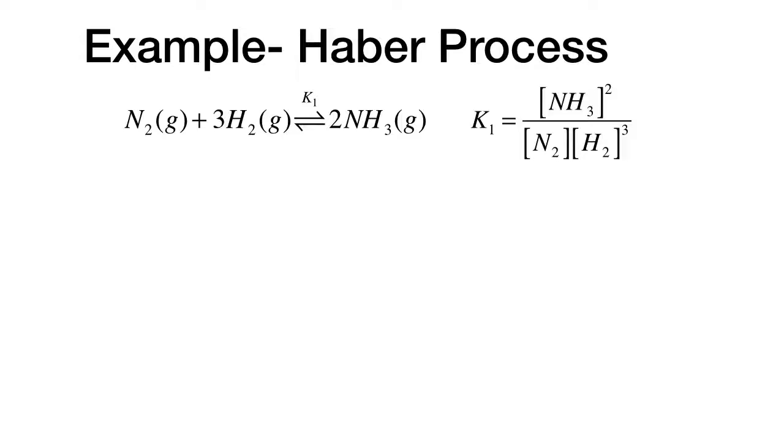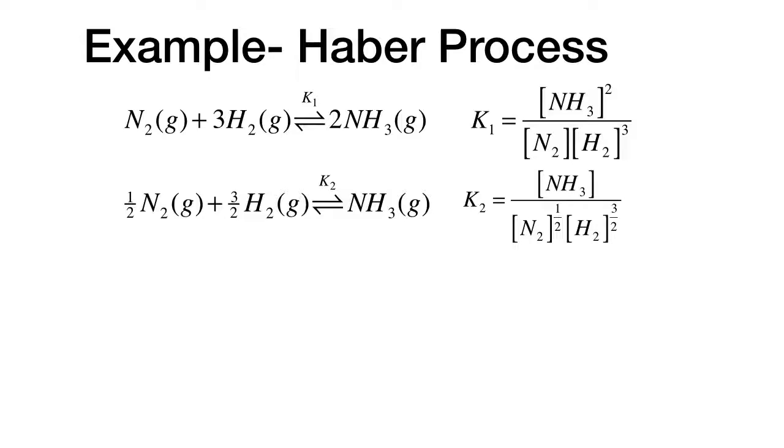We could just as easily have written the equilibrium equation divided by a half. Then the equilibrium equation would be 1/2 mole of nitrogen reacts with 3/2 mole of hydrogen to produce 1 mole of ammonia.